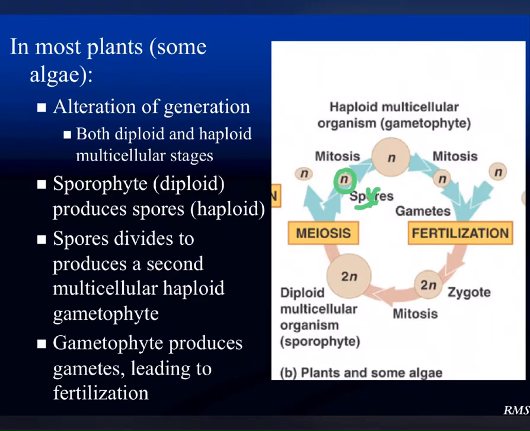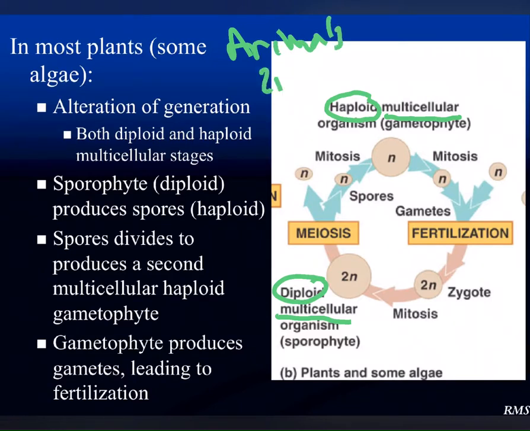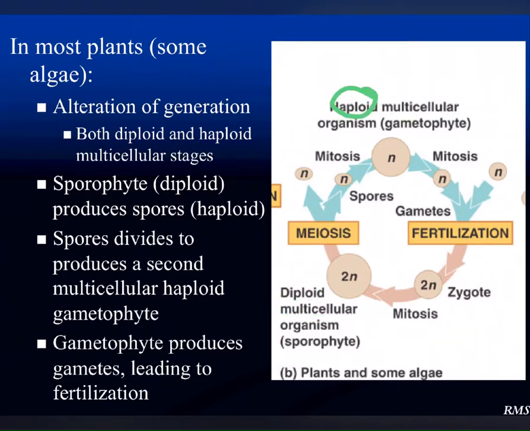But they are then going to make the sex cells. The key here is that the haploid cells are multicellular and the diploid cells are multicellular. When we looked at animals, only the diploid cells were multicellular. In plants, it's both haploid and diploid cells that are multicellular.